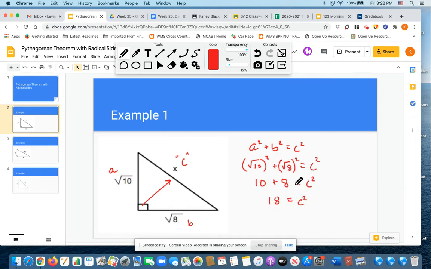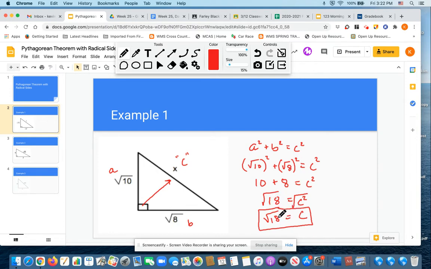And you know we are not trying to find the value of c squared. We're trying to find the value of c. So to undo a square, c is being squared, to undo that, we take the square root of both sides, and there you have it. A nice answer is the square root of 18. You can write it in this form.